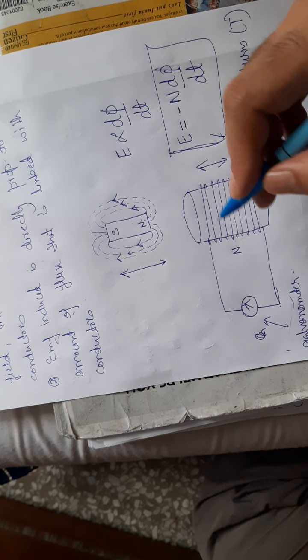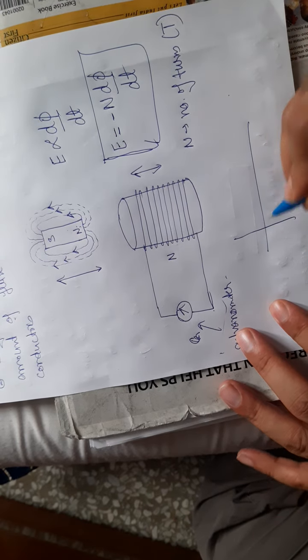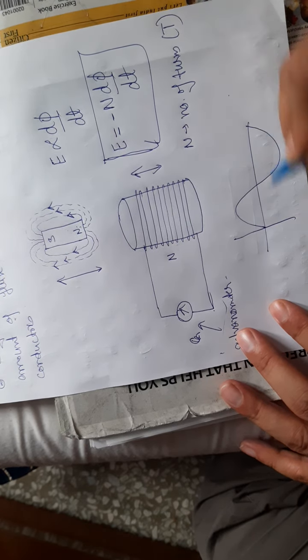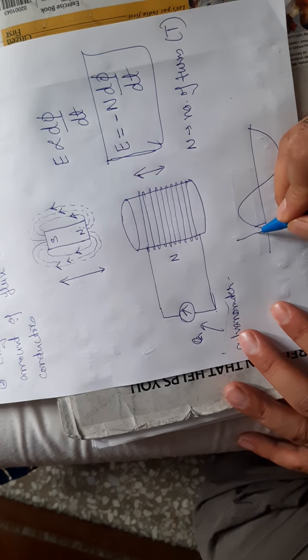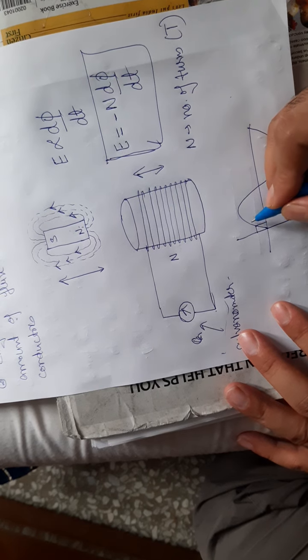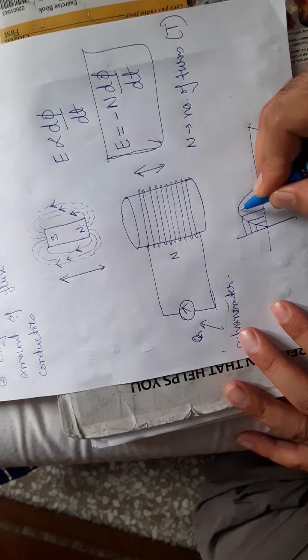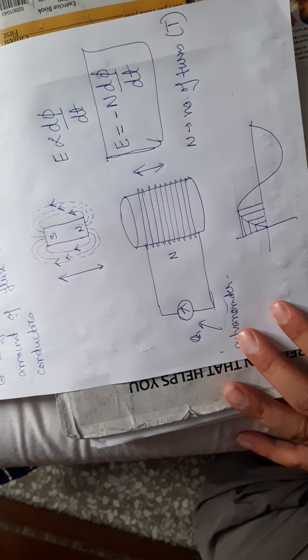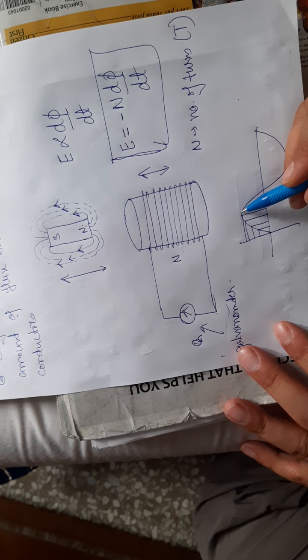If you are using an AC signal, that AC flux will also be changing in nature. At every instant it will have some value: at this time instant the value of the flux is this, at this instant it is this. You are seeing that this flux is changing with respect to time.